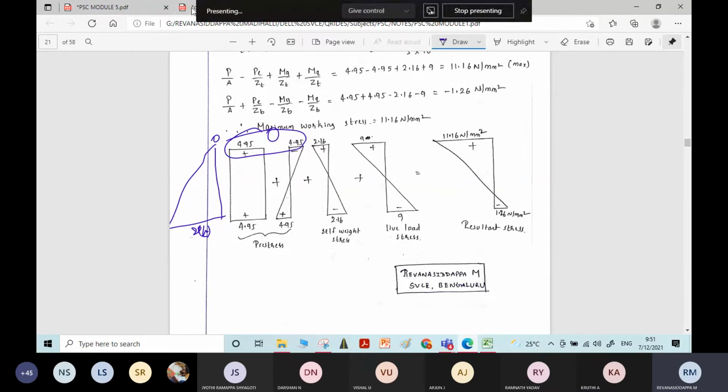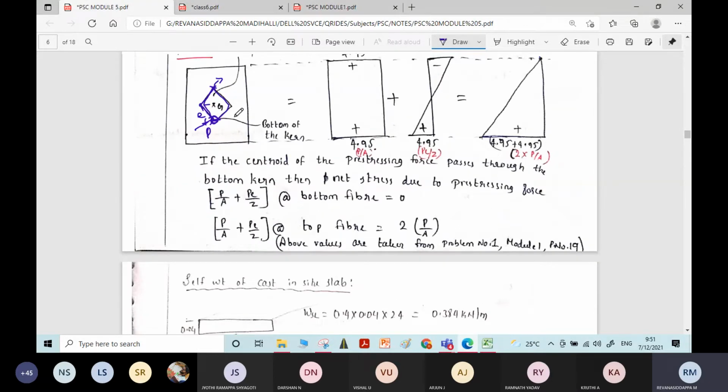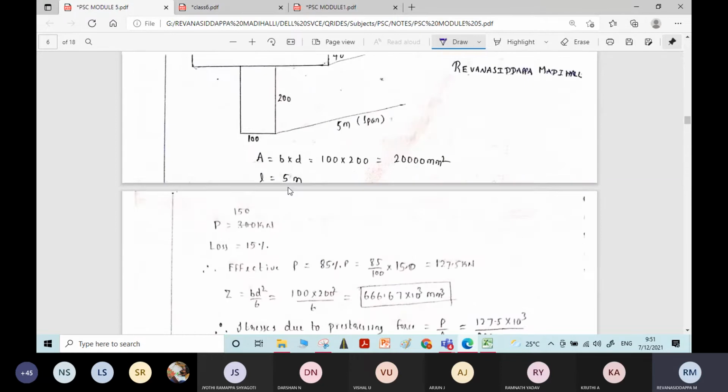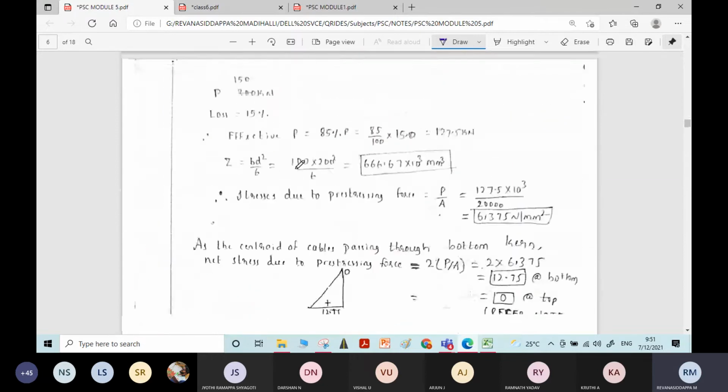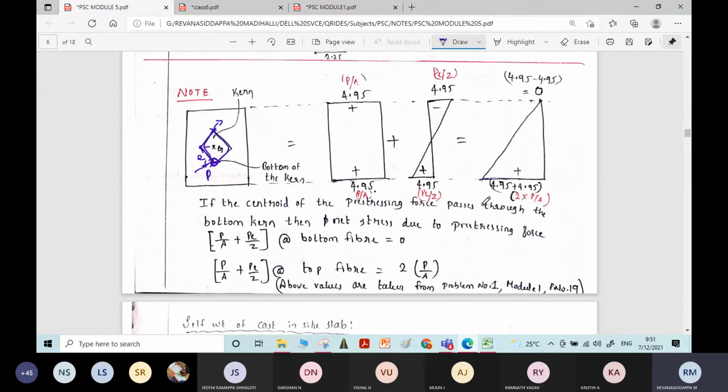Therefore, when the problem says the centroid of the pre-stressing force passes through the bottom kern, the resultant stress due to the pre-stressing force will be 2 times the direct stress.